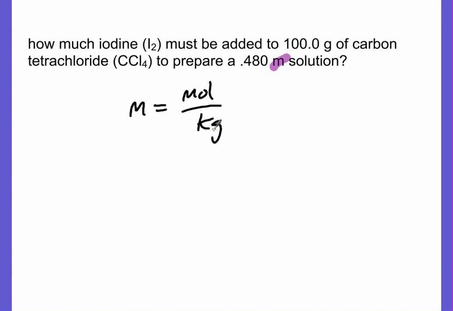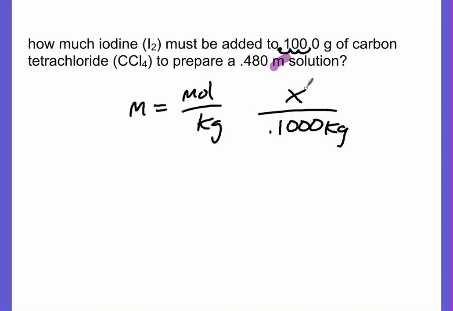So this one, it's different stuff, but I can still figure out how many kilograms there are. Again, just move the decimal a few times. So I know it's going to be 0.100 kilograms. I just need to know how many moles of iodine must be added.